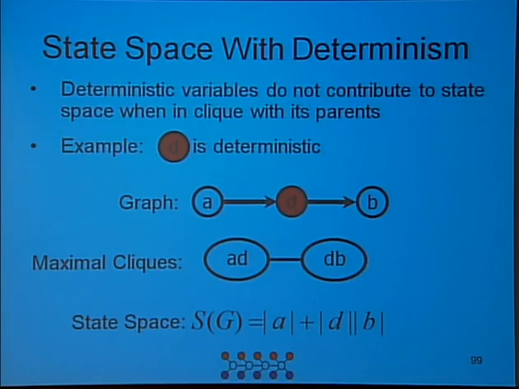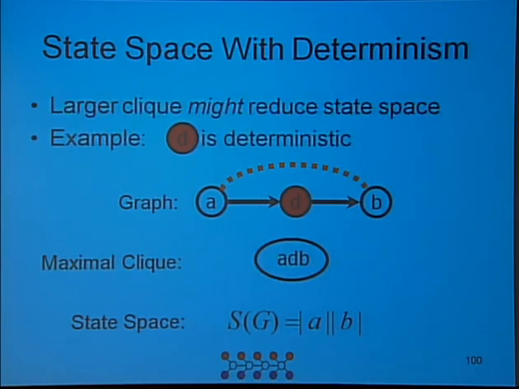And if you compare these 2 slides, this value of state space and this value of state space, depending on the cardinalities, depending on the number of values that D and B can take on, one or the other might be better, and you really don't know unless you check.